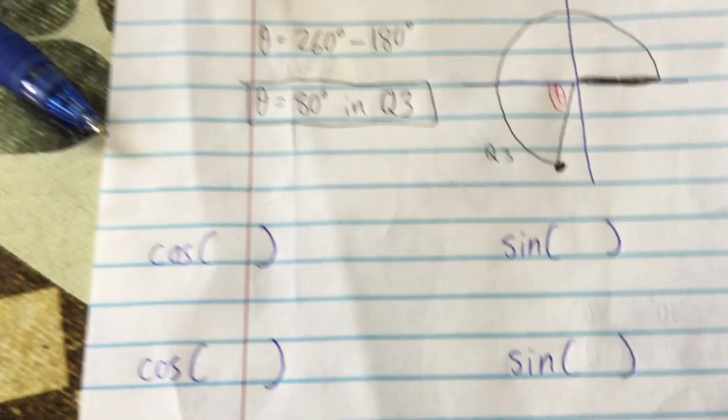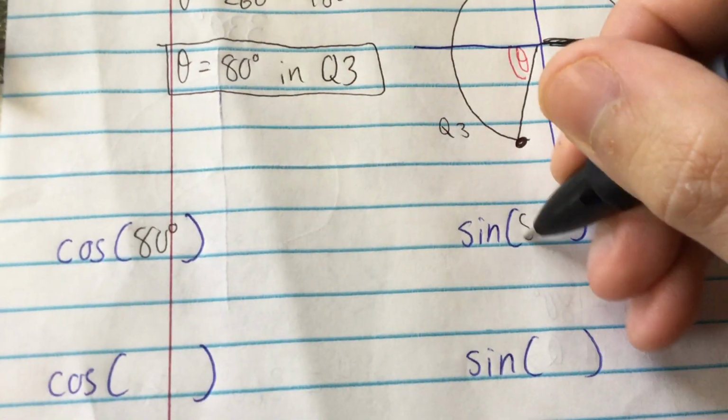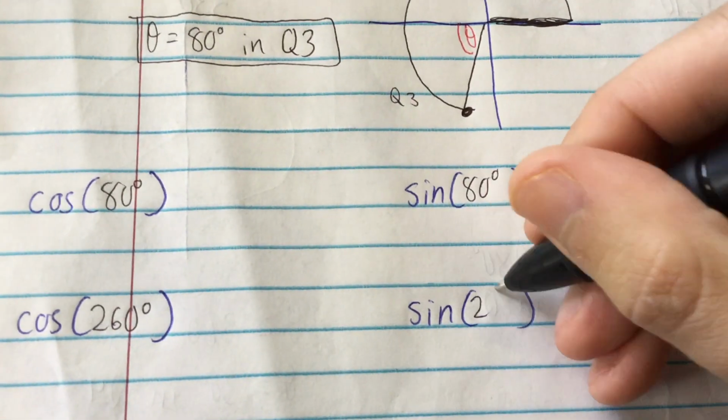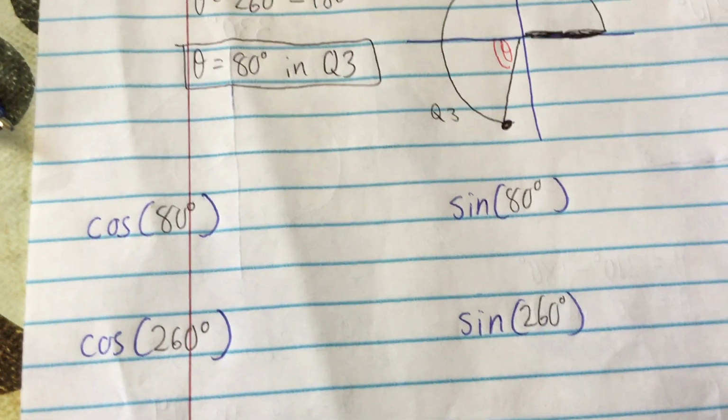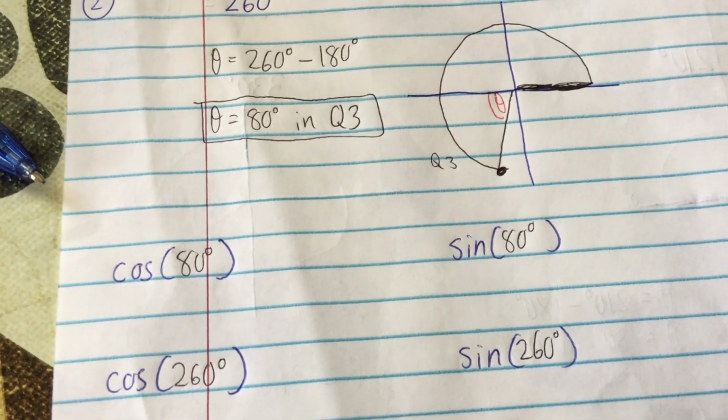Okay. Now, how do I check my work? I compare the reference angle's cosine and sine with the given angle, 260. And once again, I'm not going to care too much about whether you know the cosine and sine of 80 degrees.